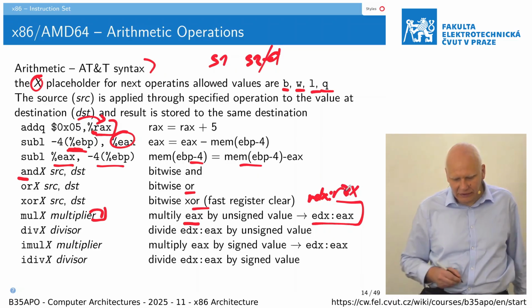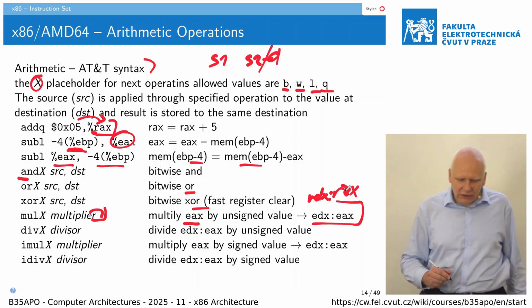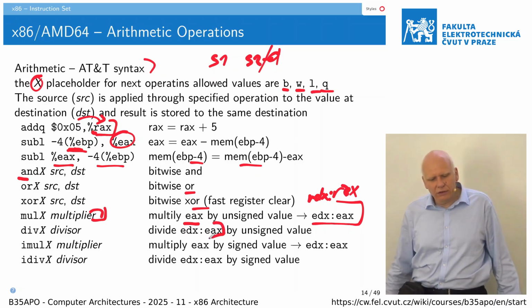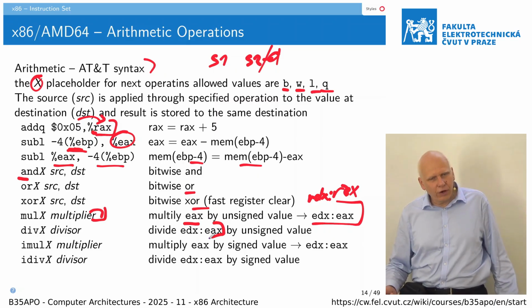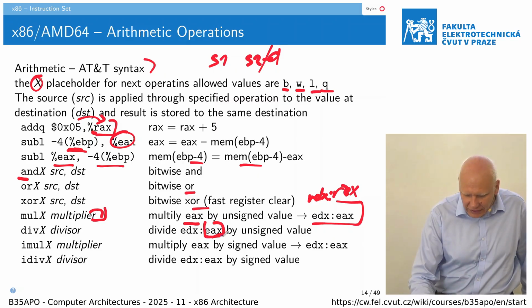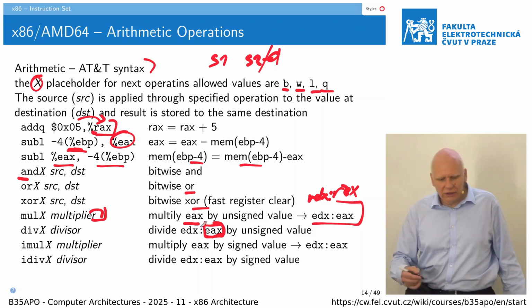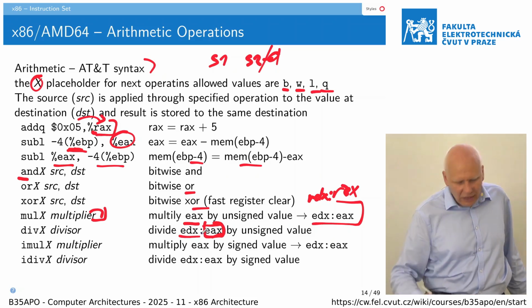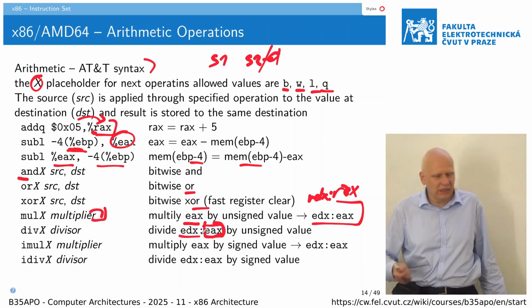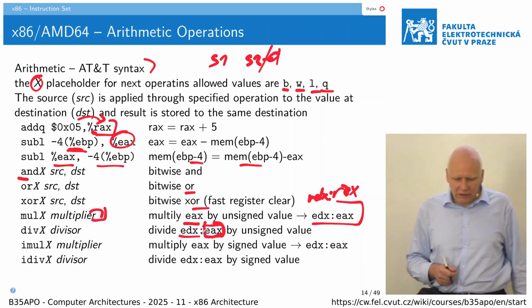In the case of division, we can divide a 128-bit value by a 64-bit value, and then in one of those registers we have a quotient, the result, and in the other one we have a remainder after the division. So one instruction can provide both results.